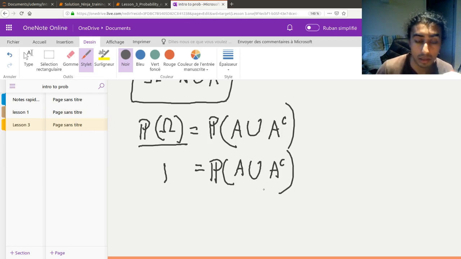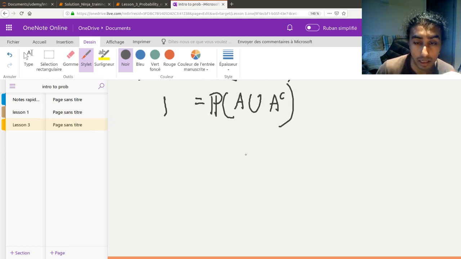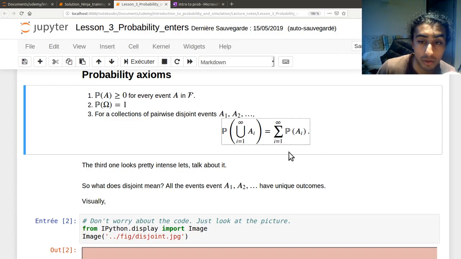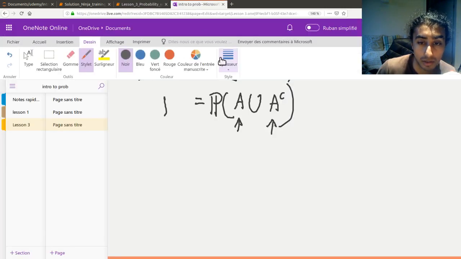Done. Let's take it slow, so this is that. Yep, easy. Next, because these two are disjoint, right? And what did I say about disjoint sets? You can separate them out into sums. This thing here is just a fancy way of writing a sum, just adding stuff up.